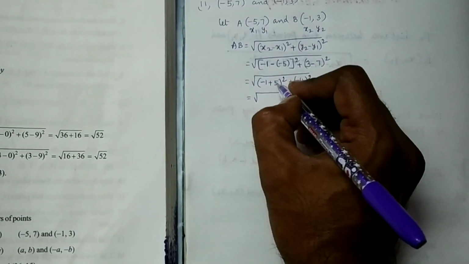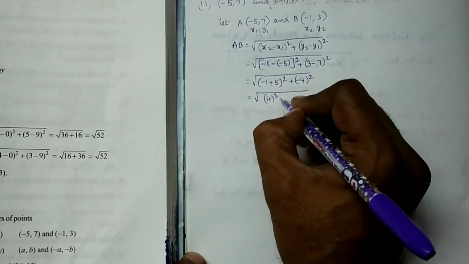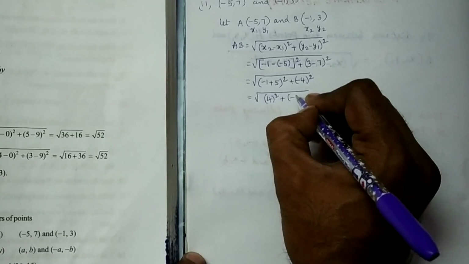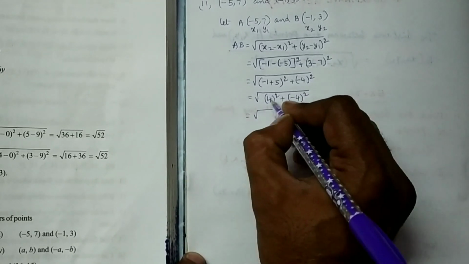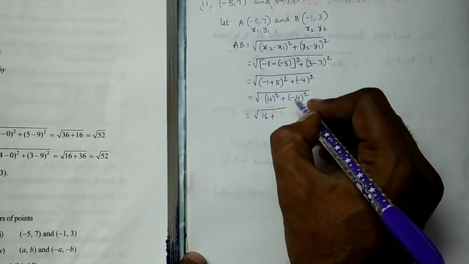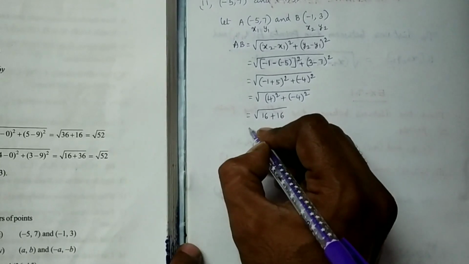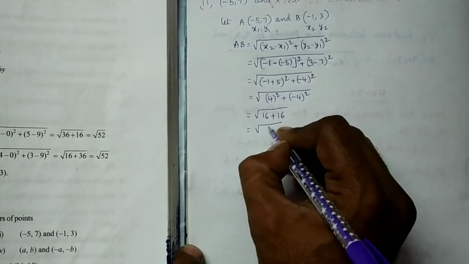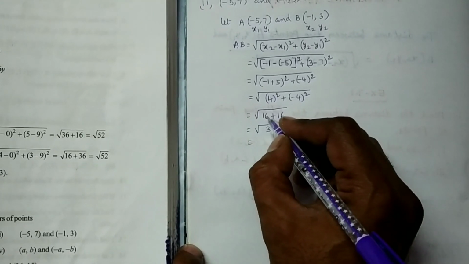Minus 1 plus 5, that means 5 minus 1, that is 4 whole square plus (minus 4) whole square. 4 square value, 4 4s are 16. Minus 4 into minus 4, that is also 16. 16 plus 16, 32. 32 means 2 16s.